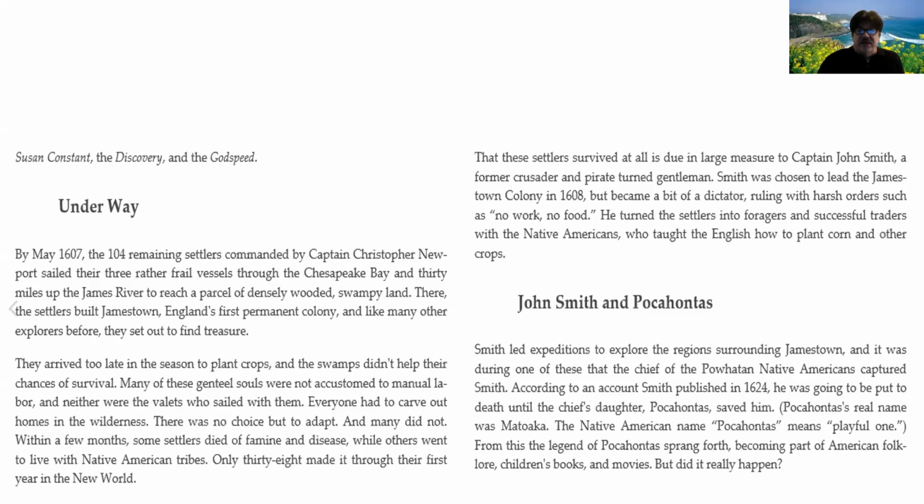And thus, he turned settlers into foragers, which meant if he was not going to give them food because they didn't do the amount of work that he demanded, they went looking into the forest for their own food, whether that be some types of berries or if they were actually going to kill small animals that they found, maybe even squirrels, and successful traders. So maybe they had something.